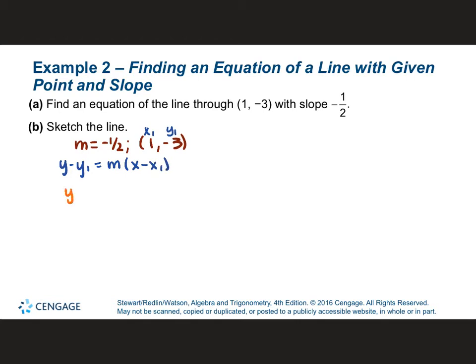From here, we're going to have y minus -3 is equal to -1/2 times x minus 1. So I just plugged my values in, and now I'm going to simplify. Whenever you have the two negatives next to each other, they turn into a positive. So this turns into y plus 3 is equal to -1/2 times x minus 1. So this is your equation of your line.